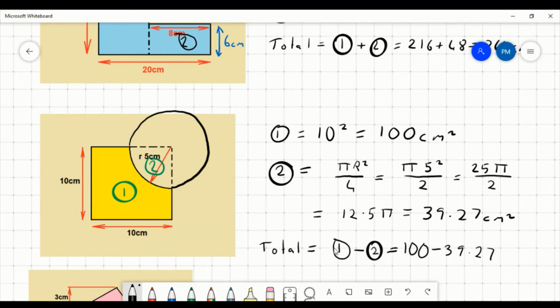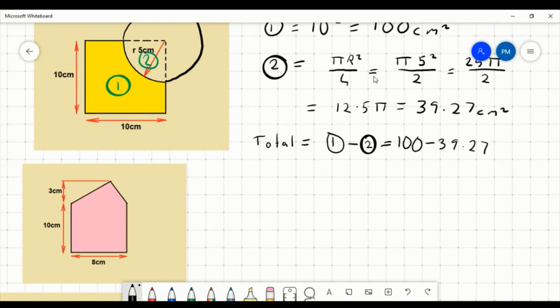So just drag this down. That gives us 60.73, and that is centimeters squared again. So we can assume for all of these different questions I've just picked centimeters, but obviously this could be meters or this could be millimeters as well.